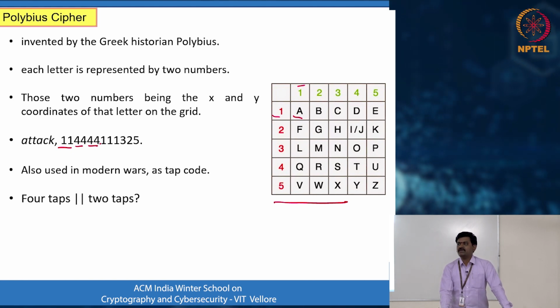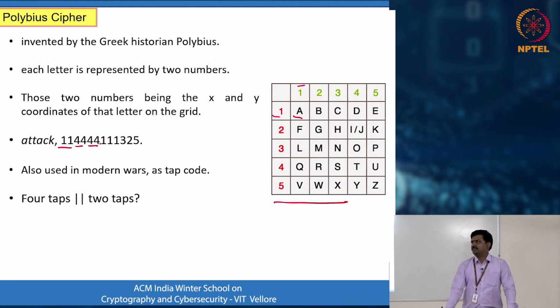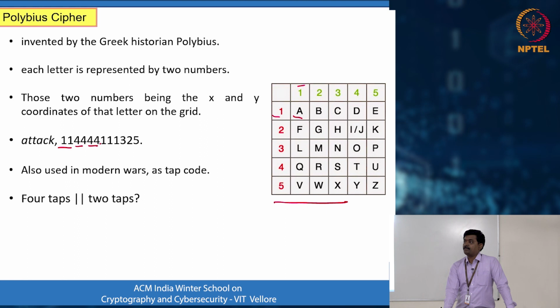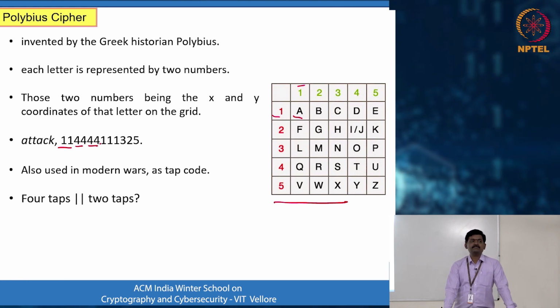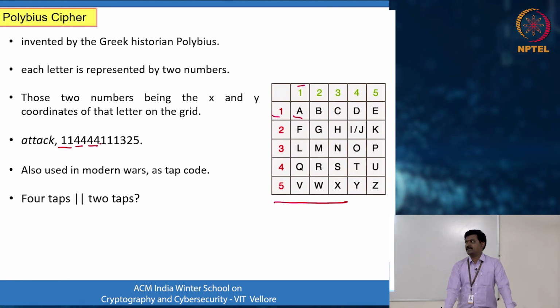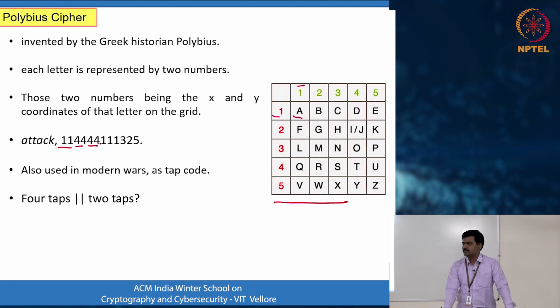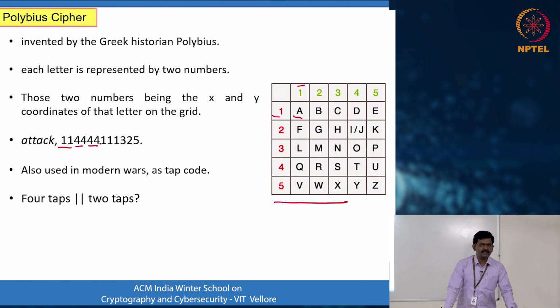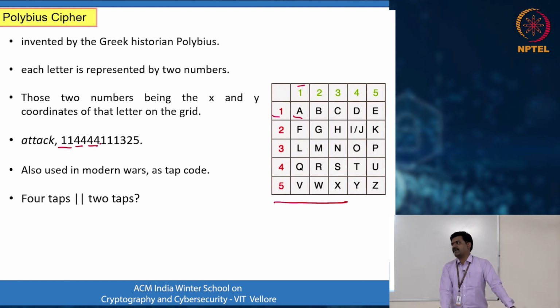During the Vietnam War, people used this particular cipher under the name tap code. The prisoners who were captured and kept in prison, when they wanted to communicate a message from one cell to the other cell, used this code under the name tap code.